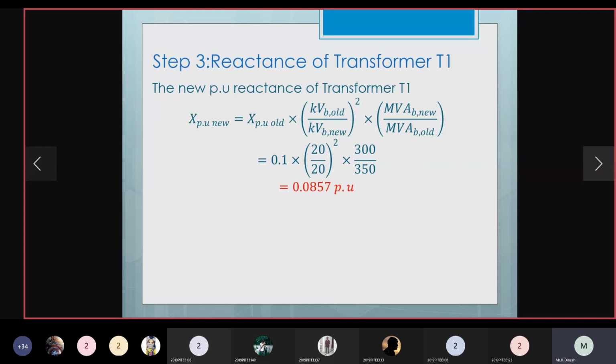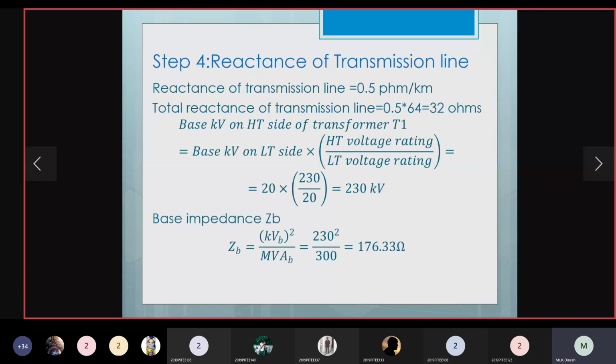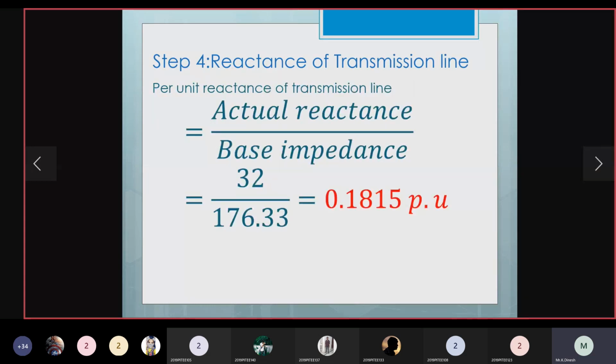So we directly use actual reactance by base impedance, where base impedance is nothing but KVB square by MVAB. This formula is only for the transmission line. For the rest of the machines, we are not using this relation. For the transmission line alone, we utilize this relation.